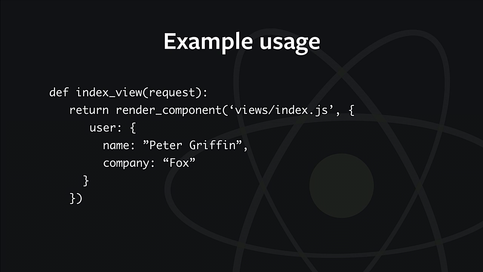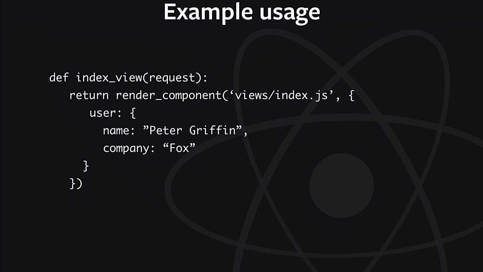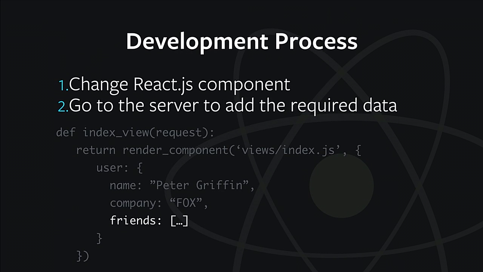So we want to render that, but what happens when we want to add more data into the template? For example, we want to add some friends into my template. So the development process looks like we have to go to the component, we have to change the layout in the component to append this new data, and then we have to go back to the server to append again the data. Because if not, nothing will show.